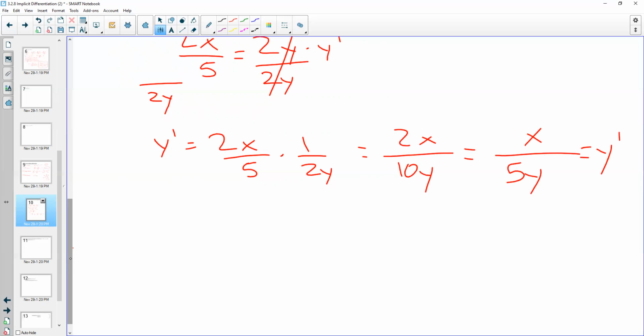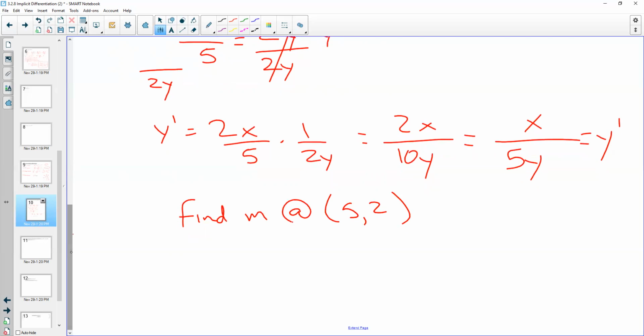So now that we are given, we jump back up to the top, we are looking for the slope at (5, 2). So we can just substitute in x for 5 and y for 2.